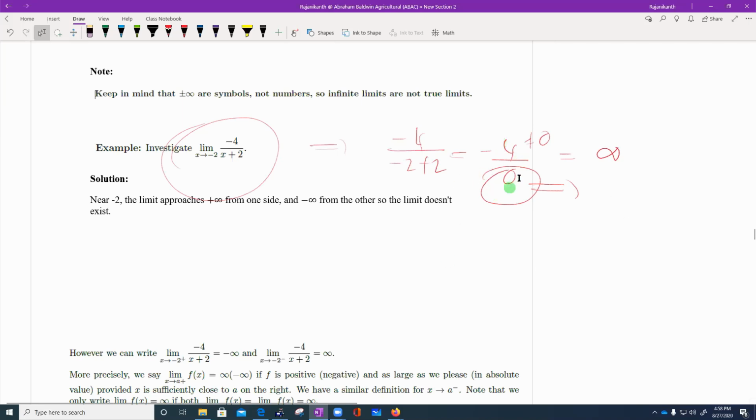If you have such a scenario, numerator non-zero but denominator 0, then this will always give you positive or negative infinity. That depends on the sign we have in front of the problem. Here I have a negative sign, therefore you get negative infinity. So negative infinity means what? A very big number, but with a negative sign. A negative big number, in other words.